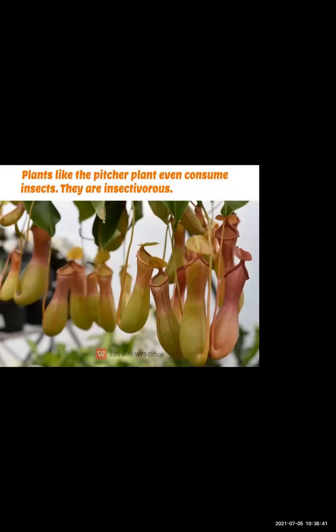So what are insectivorous plants? The plants which consume insects are called insectivorous plants.